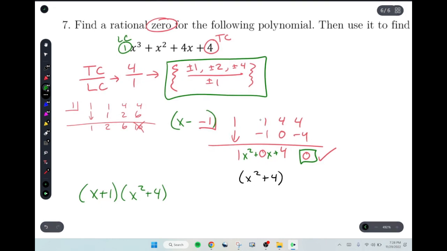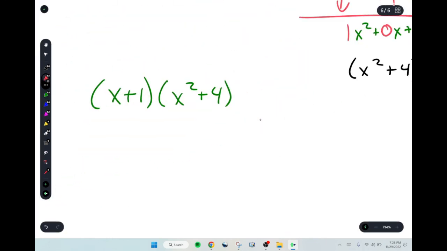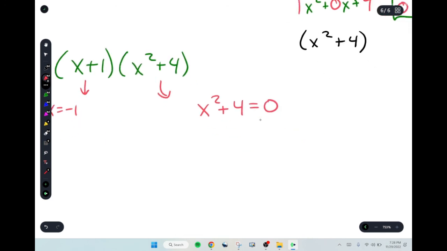It says find zeros. Yeah, we're going to have to do that, right? So what's the zero associated with this thing? -1, right? Or I guess better known as x equals -1. But this thing's got a different zero. Watch this. X squared plus 4 equals 0. What happens here? Don't just jump the gun. X squared equals -4. X equals the square root of -4. Now we've got a bind.